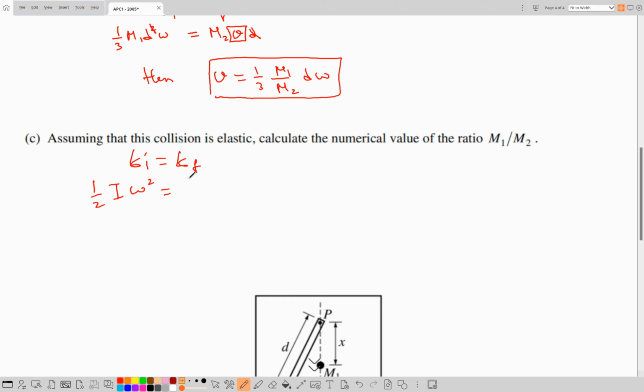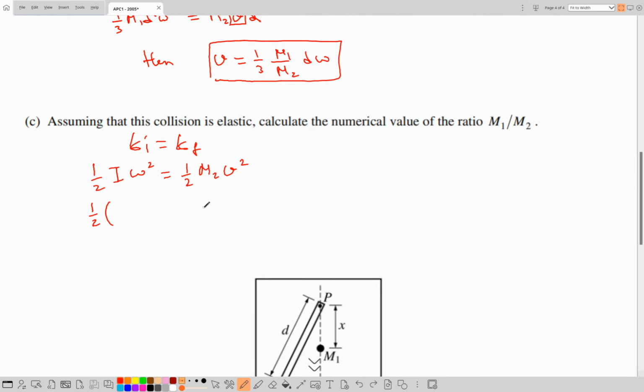And after collision would be the kinetic energy of the ball, which is given by half the mass of the ball, m2, and its speed v to the power of 2. Now the moment of inertia is given by 1/3 m1 d squared, and omega will be kept as it is.